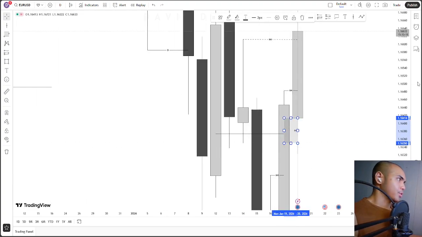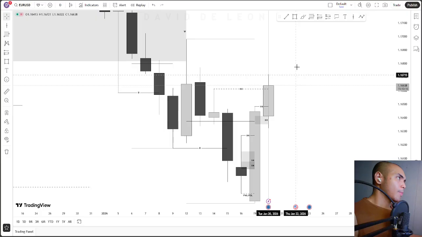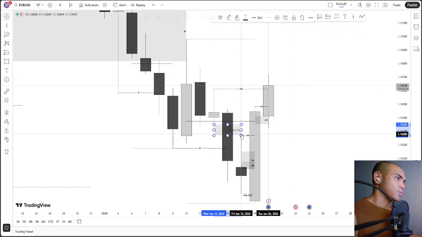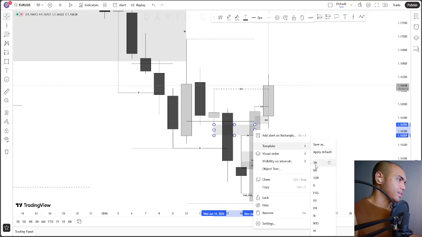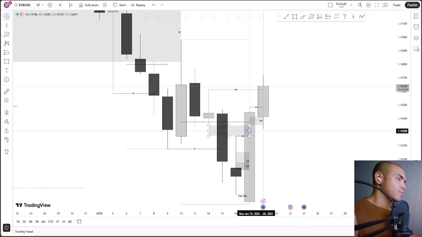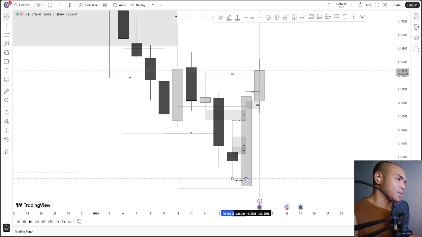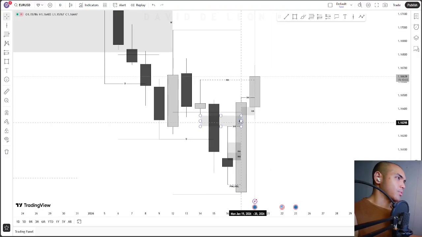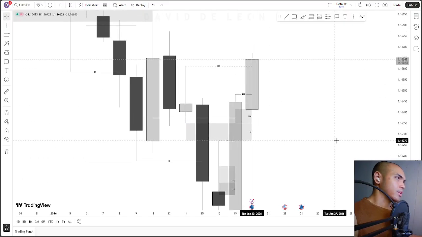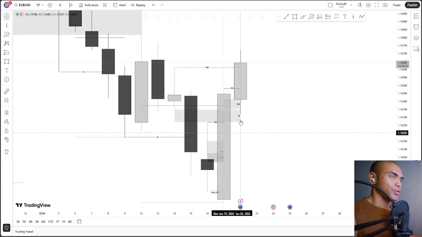Let me go over real quick to the daily, because I noticed as well that we have a daily sell side imbalance right here that also got disrespected immediately after price sweeping this previous daily low. And if I stretch this out a bit to the right, we can see price tap into that and move away quickly. So that's just another confluence.